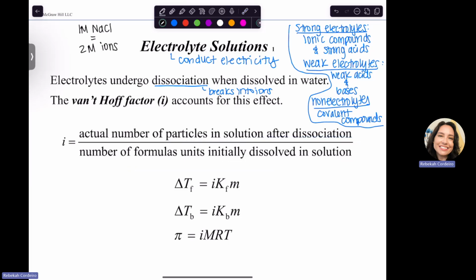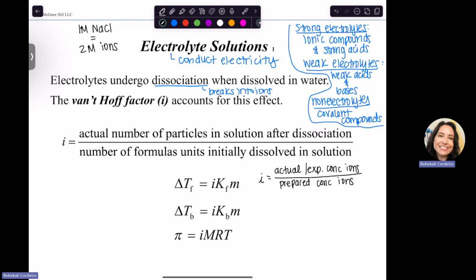So we can think about i as being the actual or experimental concentration of ions over the prepared concentration of ions. So what did we make? We made a 1 molar solution, right? In my example up here, I made a 1 molar solution, but I actually have 2 molar ions in that solution because each sodium chloride broke apart into 2 pieces, so it's twice as much.